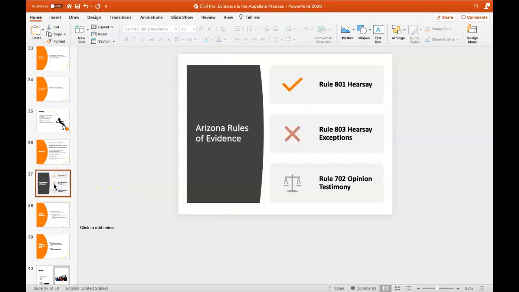Okay. Arizona Rules of Evidence covers these topics. If you look up the rules in the Arizona Rules of Evidence, you will find that Rule 801 covers hearsay, 803 covers all the hearsay exceptions, and Rule 702 covers opinion testimony.